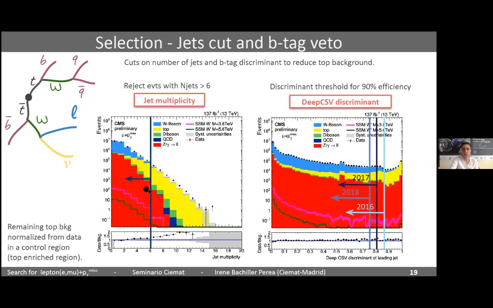So we cut for lower than 6 jets, and we cut on the b-tagging discriminant variable that I already presented in order to cut the most likely b-tagged jets. And the remaining top background is then normalized using the data in a control region.